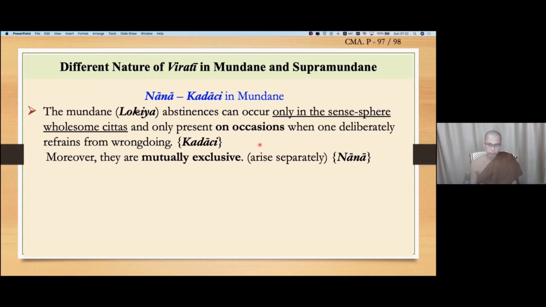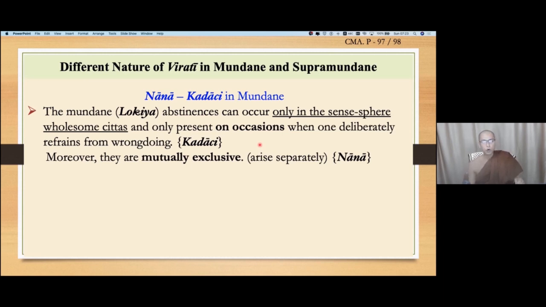In the same way, when a person deliberately abstains from a verbal wrong action, such as refraining from musavada, etc., which is not related to livelihood, one of the great wholesome consciousness will arise in his mental process.